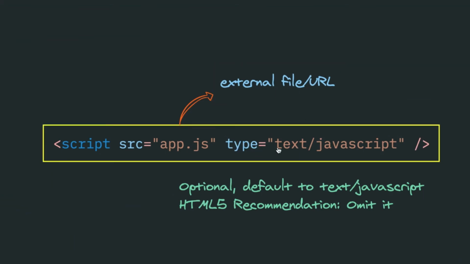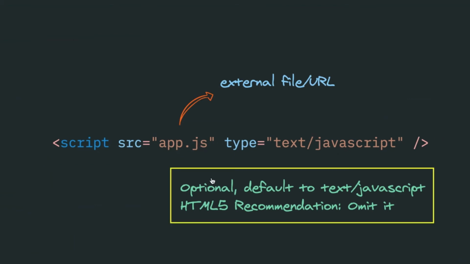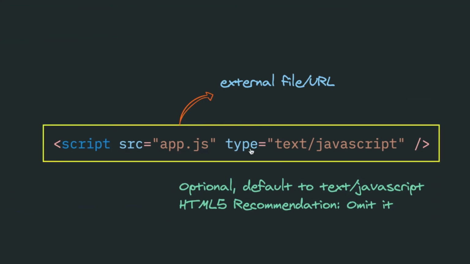And there is another interesting attribute, type. Here we have given text/javascript, but we can give text or plain text, and there are so many different ways, for different categories. But because JavaScript is so popular, the HTML5 recommendation is to omit it.